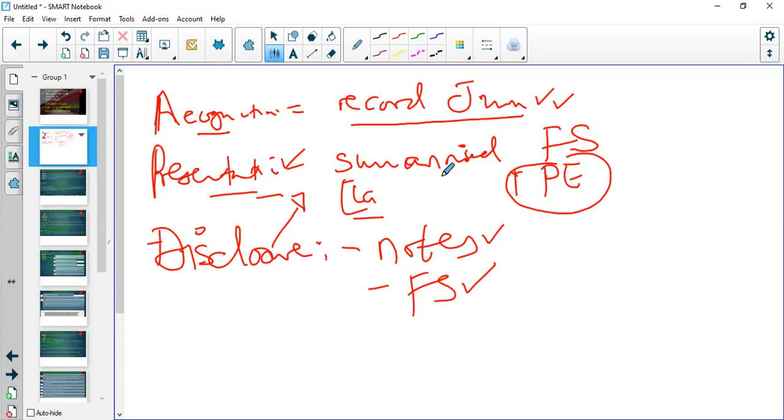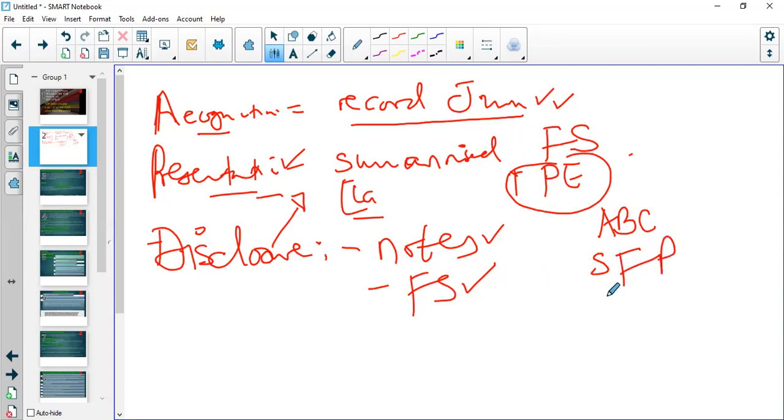For example, if you are going to disclose inventory, let's say the economic phenomenon has to do with inventory, for argument's sake. Let's say the name of the entity is ABC Limited, extract of the statement of financial position, because that's where you're going to record your inventory.